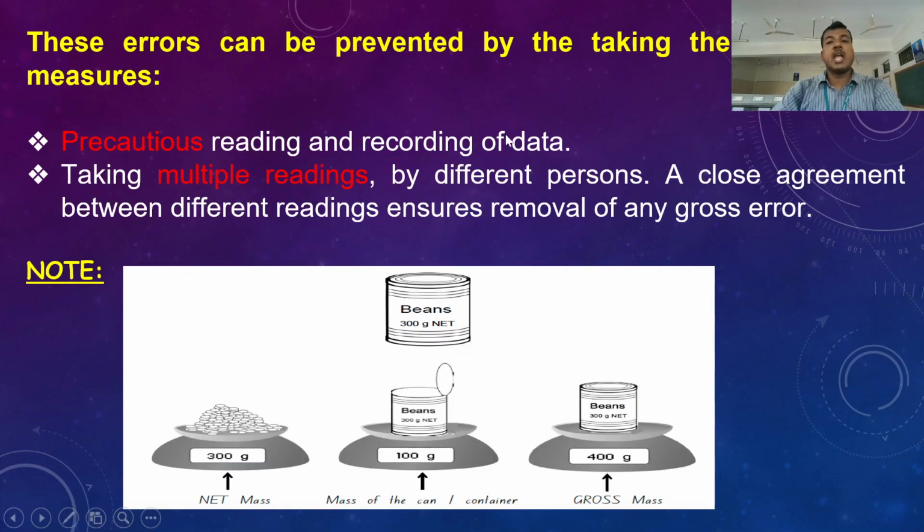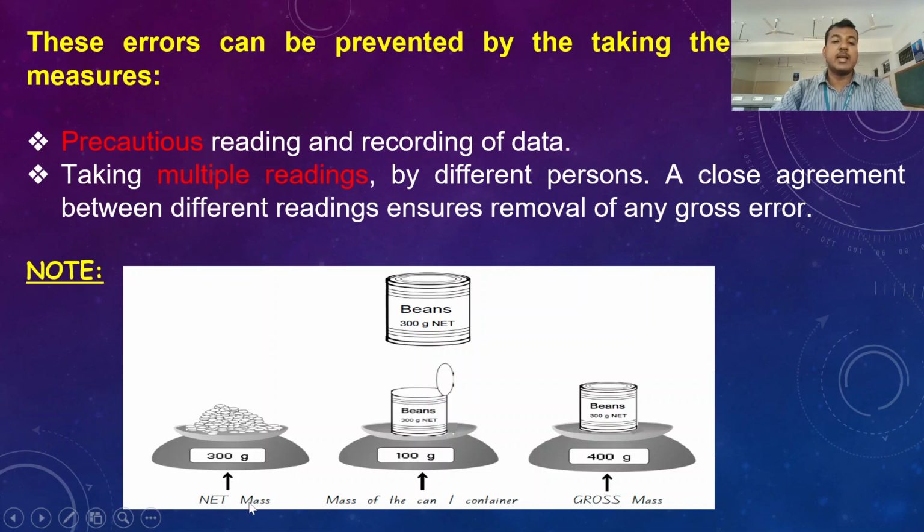These errors can be prevented by taking the measures given below. The first is precaution. We should be very conscious while taking the reading, and careful in reading and recording data. Taking multiple readings also helps in getting the exact measurement, as does taking multiple readings by different persons. A close agreement between different readings ensures removal of any gross error.